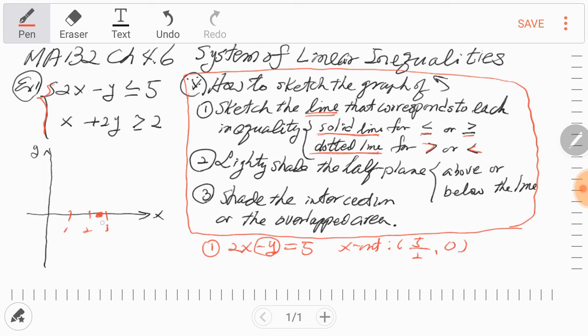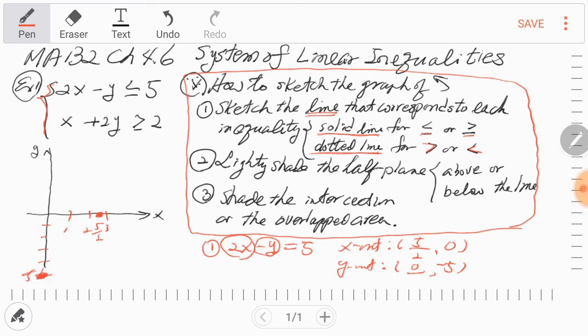So this is 5/2. And the y-intercept: when x equals 0, then y is -5. Let's say this is -5.